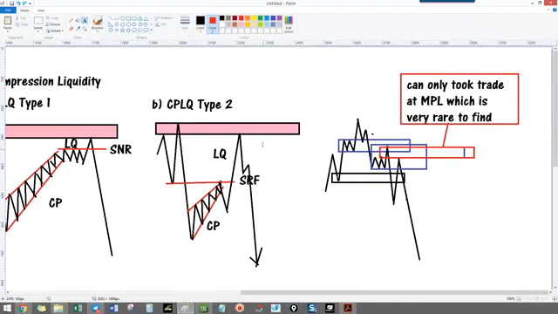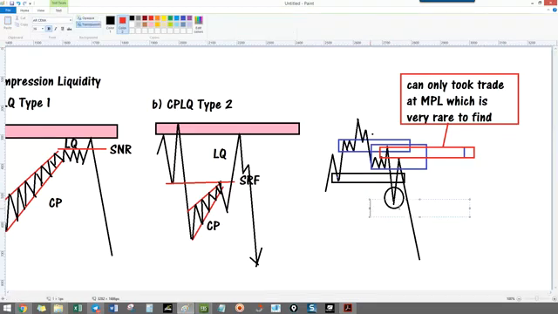Another thing. Enter after the engulf of the base. Enter after the engulf.